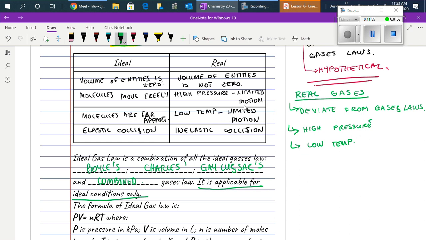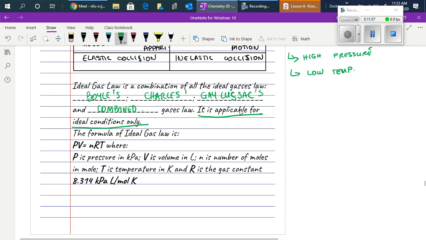The formula for the ideal gas law is PV equals nRT. On this formula, P stands for pressure, as always, measured in kilopascal. V is volume in liters. n is the number of moles, which deals with the amount of gas in a container or in the process.